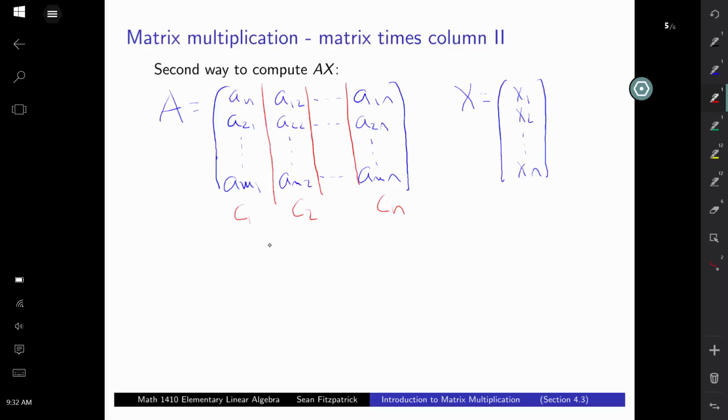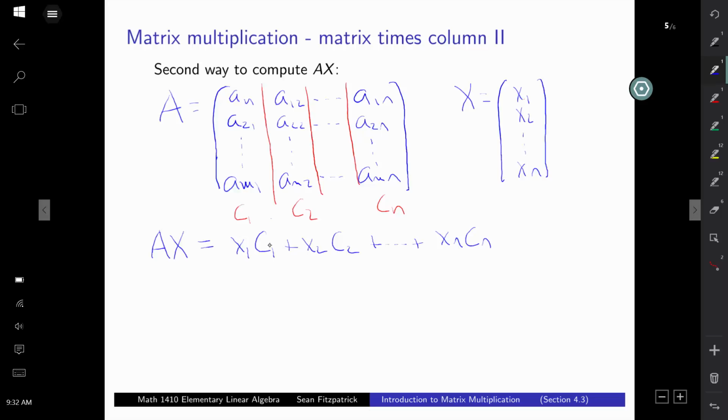And so I could also make this definition. I could think of this like a dot product, except that I'm doing x1 c1, x2 c2, down to xn cn, but these c's are not numbers anymore, they're vectors. So when I form A times x, it should be x1 times c1 plus x2 times c2 down to xn times cn, right?